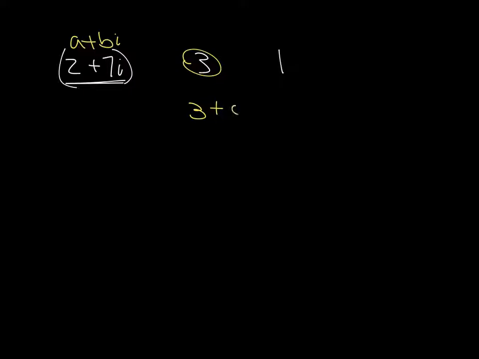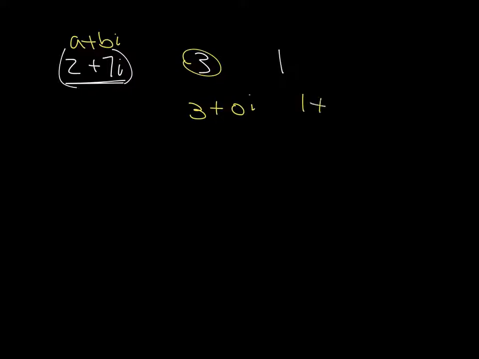So if we have an equation and we find out that 2 plus 7i is one of the zeros, that's one of the answers, just like 3 or 4 would be. This, remember, is not a variable, it's an imaginary number. So it's basically, we just wrote our answer as a plus bi.